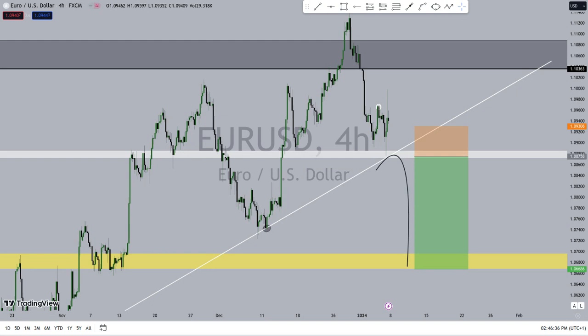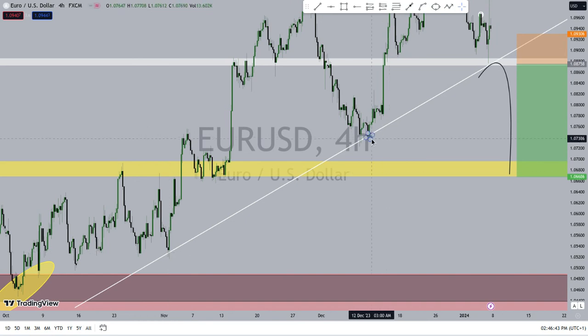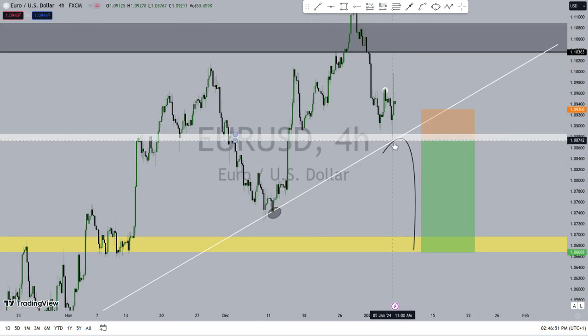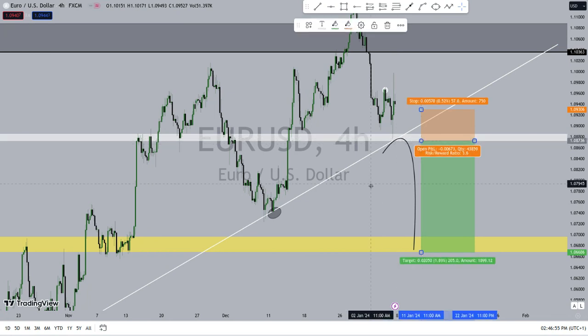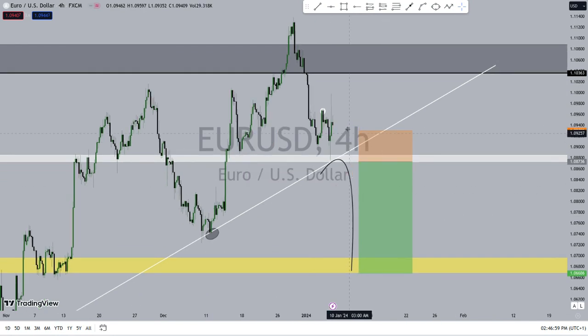On the 4 hour time frame, you can see this trend line being respected. First attempt, second attempt, and this is kind of like the third one, which is not clearly shown, but looking like a third attempt right about this level.